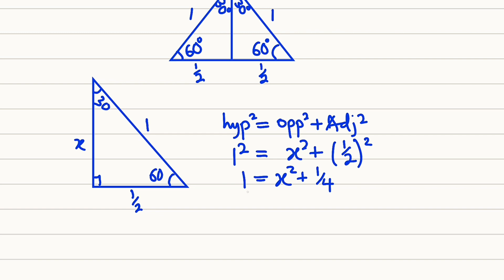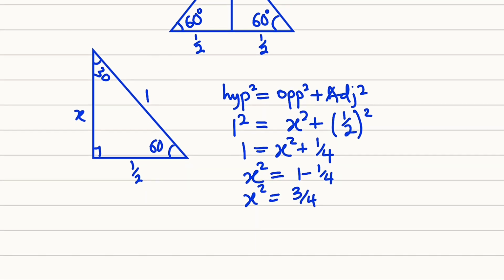If you make x squared the subject, you have x squared equal to 1 minus 1 over 4. x squared will be equal to 3 over 4. And to find x, you're going to take the square root of both sides. x equal to square root of 3 over 4, which is equal to root 3 divided by 2. Therefore, this side length x is equal to root 3 over 2.